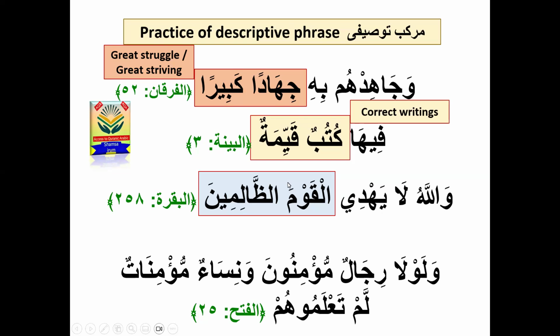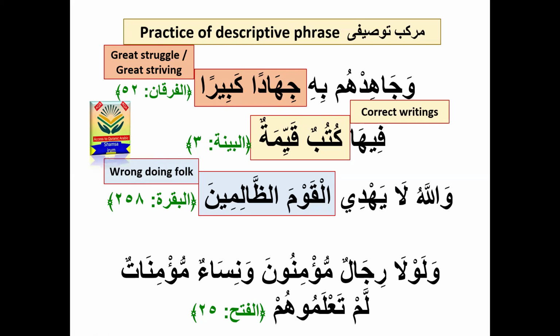It is in nasab state. So the sifa is also in nasab state. So az-zalimina is mansoob here, not majroor. Okay. So the meaning here is wrongdoing folk, or wrongdoing nation, or group of people.